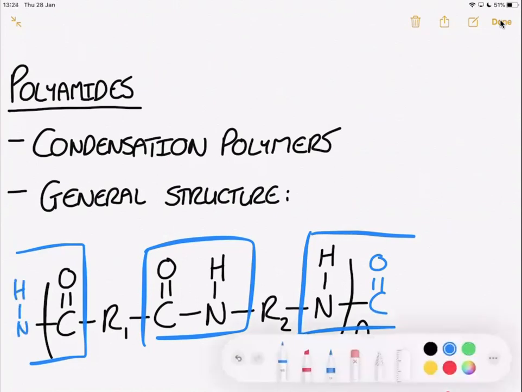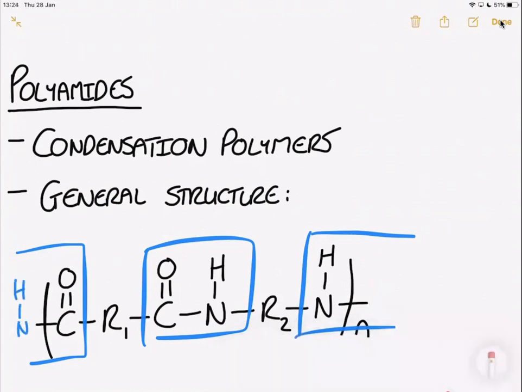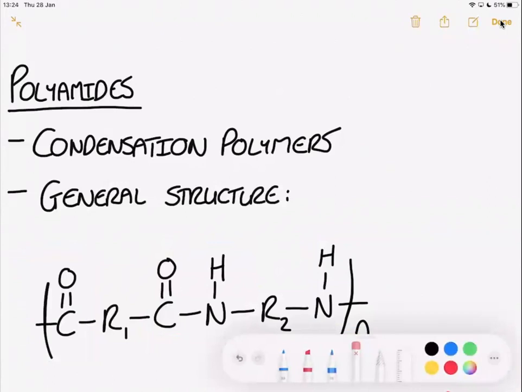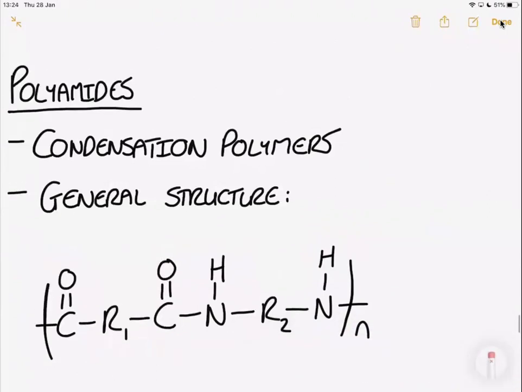So let's just get rid of those and talk a little bit more about polymer diagrams in general. So this is classed as a polymer diagram because it has the little n. If we take that away, and sometimes we take the brackets away as well, then the thing that we're looking at is no longer called a polymer diagram, it's now called a repeating unit.